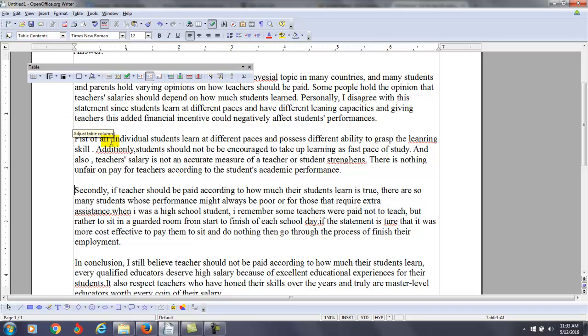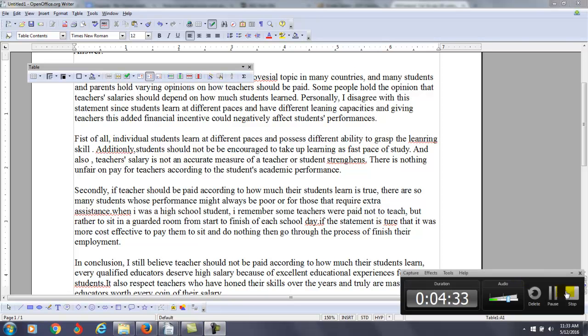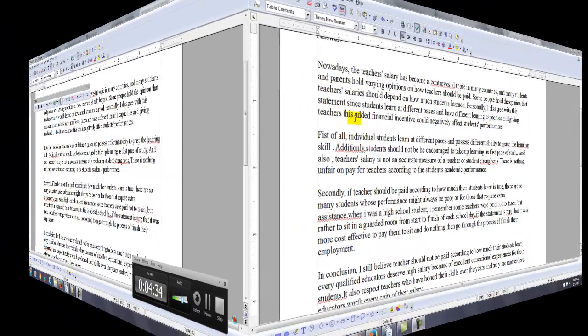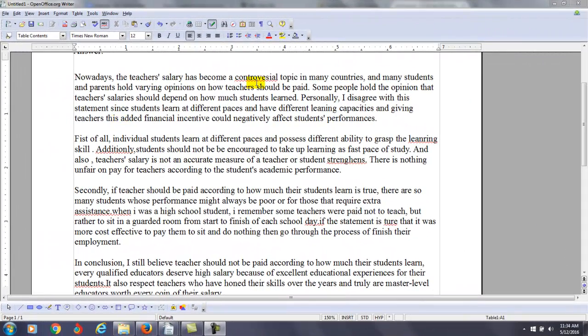Okay, so let's go to our next paragraph for a minute here. Okay, let's start off with our second body paragraph. You say individual students learn at different paces and possess different abilities to grasp the learning skill.